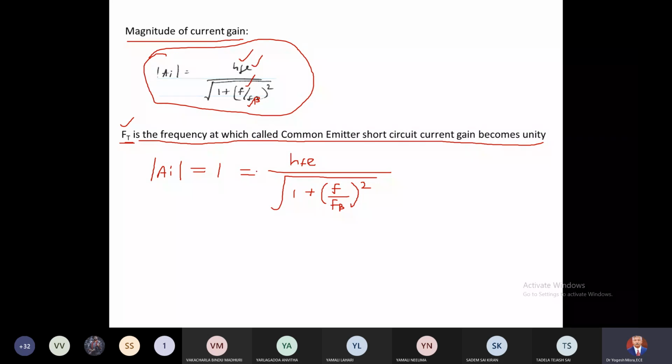Now this f, the frequency at which the current gain will become unity, is the operating frequency now. So that is your ft, right? Here I have written ft.